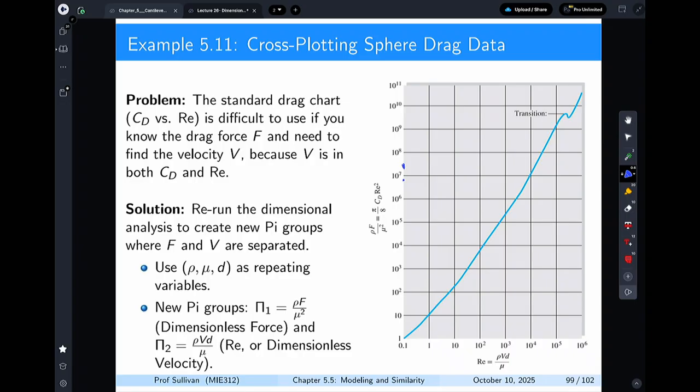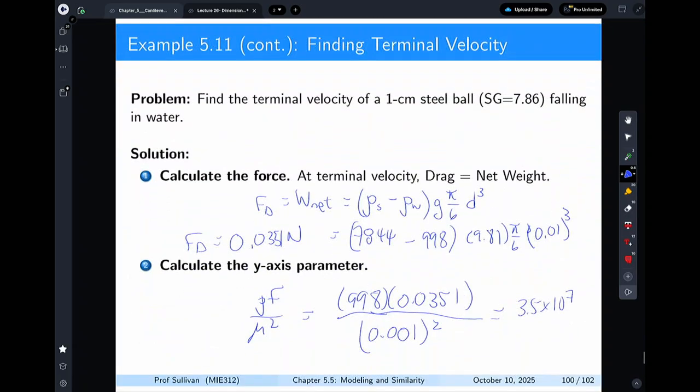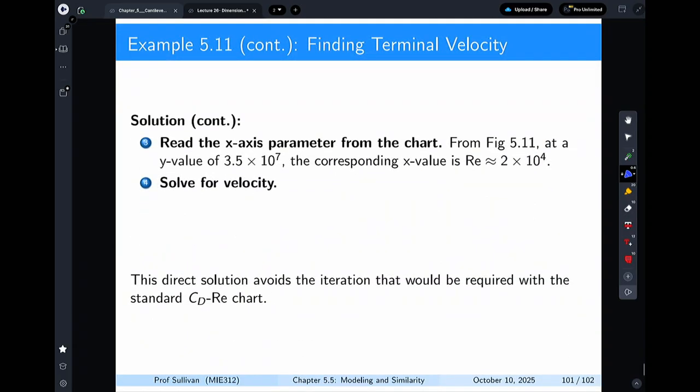And it is 3.5 times 10 to the 7th, about 2 times 10 to the 4th. So that's an easy chart to read from as compared to the other one. I get a corresponding value of 2 times 10 to the 4th, and solve for the velocity.